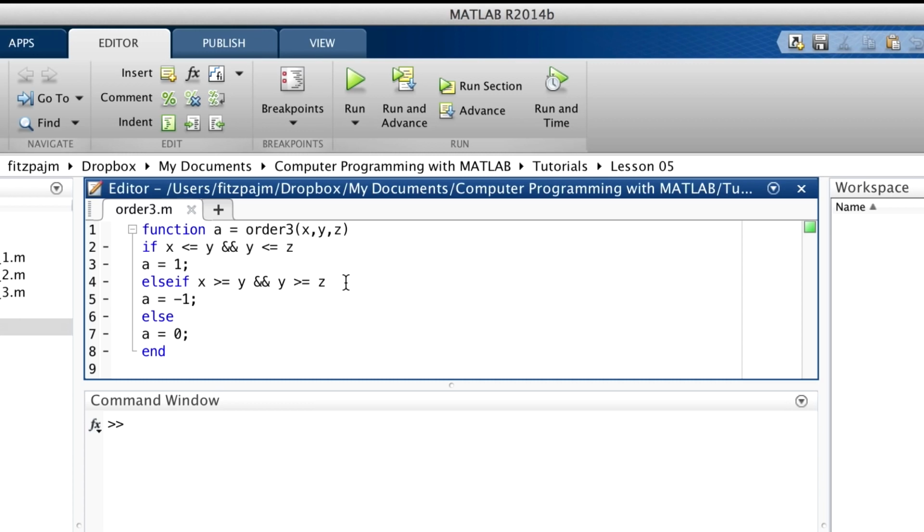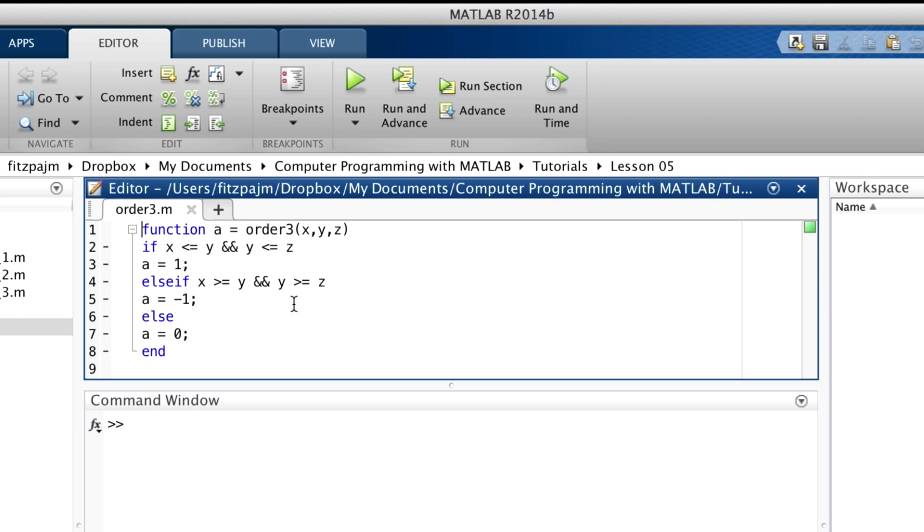This condition is very similar to the first condition. The only difference is that the relations are reversed here. We still use the AND operator. In this case, in order to get true, x has to be greater than or equal to y, and y at the same time has to be greater than or equal to z.